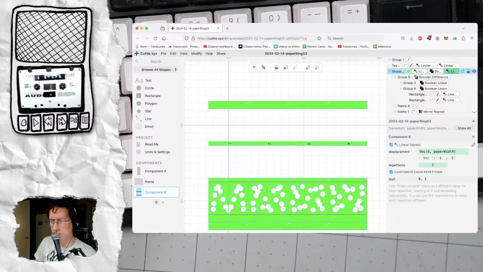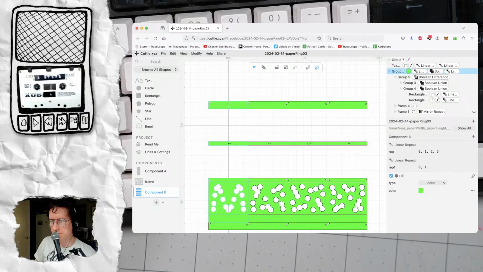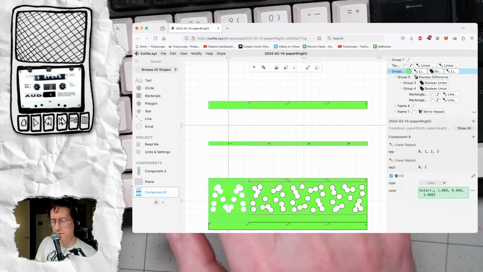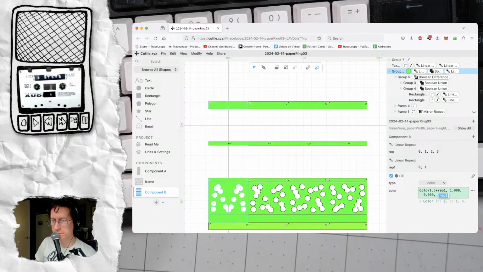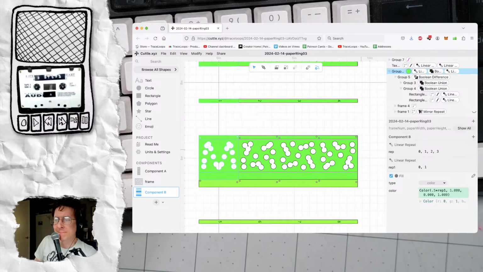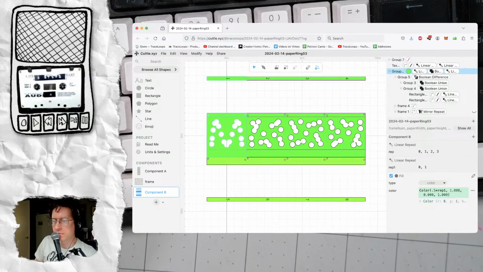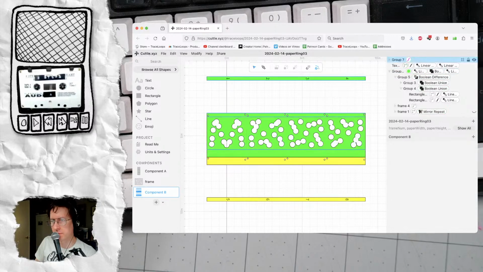This is... edit expression, 25 times rep 1. Let's make it 1 times rep 1 because I'm only dealing with 2.